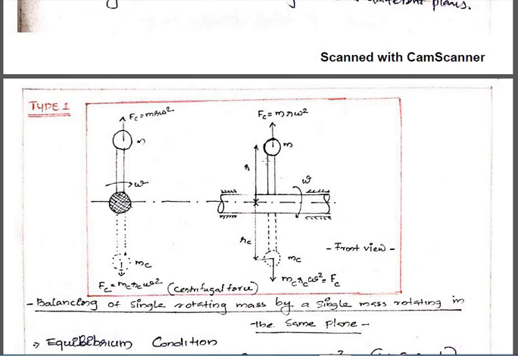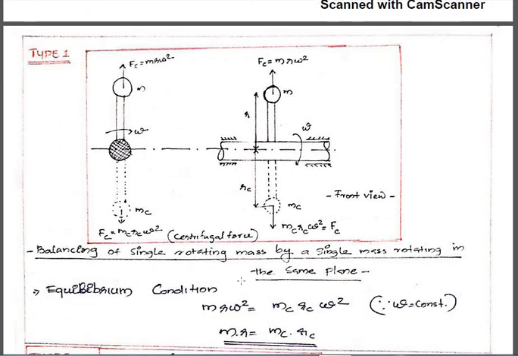Since both masses are placed on the same shaft and have the same angular velocity, we can equate these two forces. So you will get m r omega square equal to mc rc omega square. Since omega is constant, we can cancel omega on both sides of the equation. So m into r is equal to mc rc. This is called static balancing.